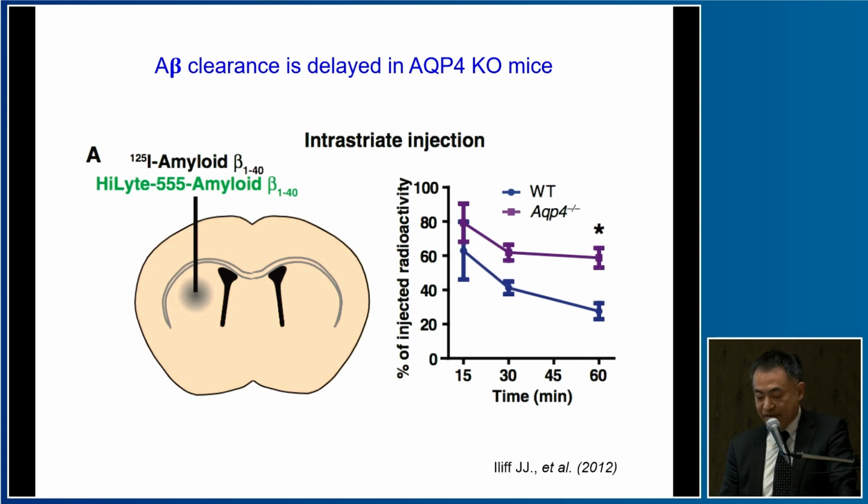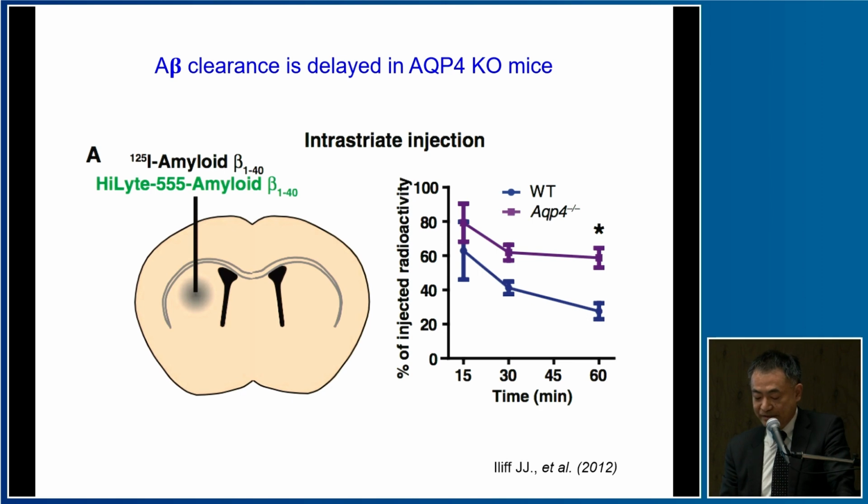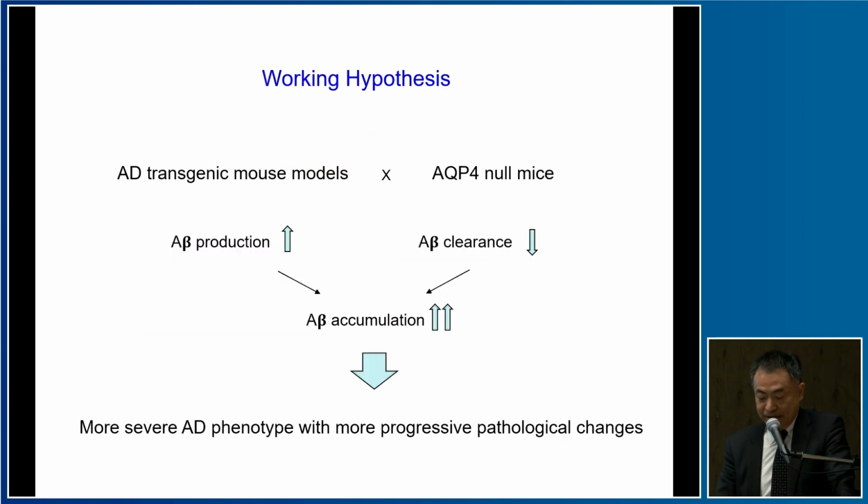As you see here, in aquaporin 4 knockout, the amyloid beta clearance is delayed. Based on this, we hypothesize that if we combine an Alzheimer's disease transgenic mouse model and aquaporin 4 null mice, we can see a more severe phenotype.